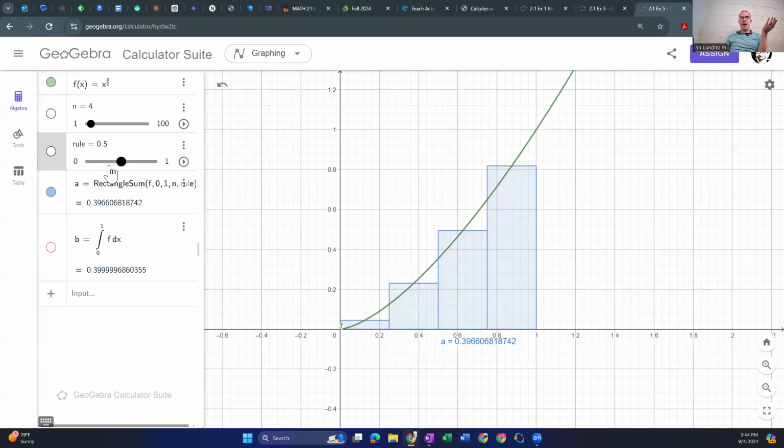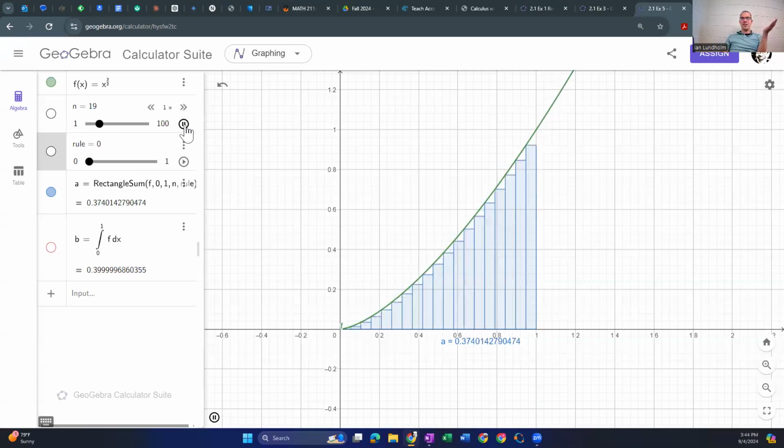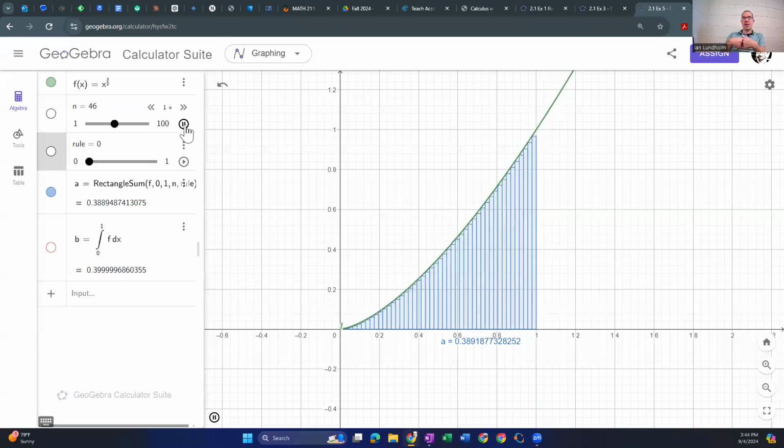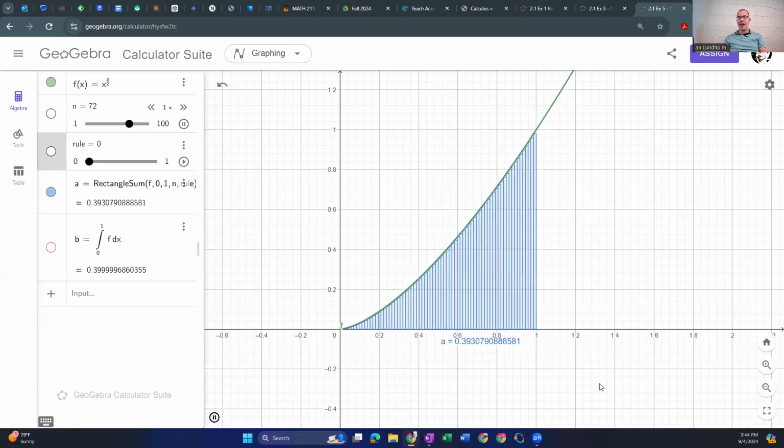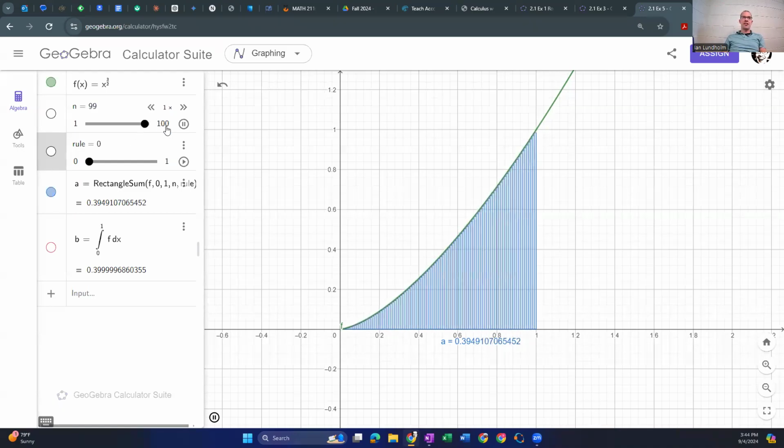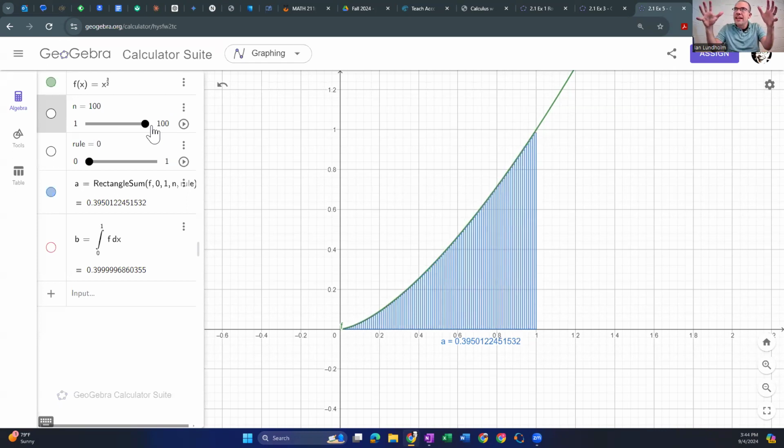The other way to improve our estimate would be to increase the number of rectangles. If we increase the number of rectangles from 4 rectangles all the way up to 100 rectangles, I want you to get the feeling that this process of increasing the number of rectangles is increasing the precision by which we are measuring this accumulation, and we get a much better estimation of the area here. This is saying that the area is really close to 0.4.